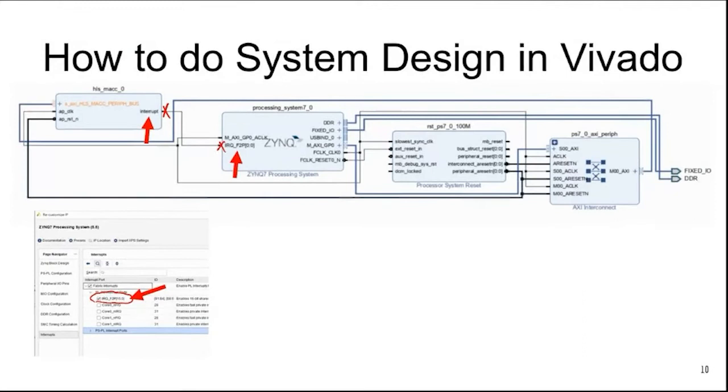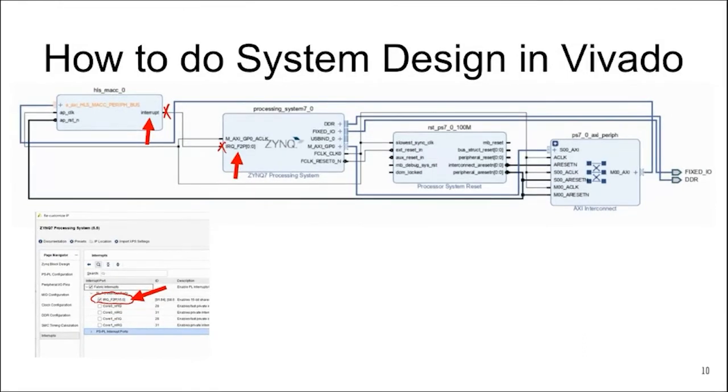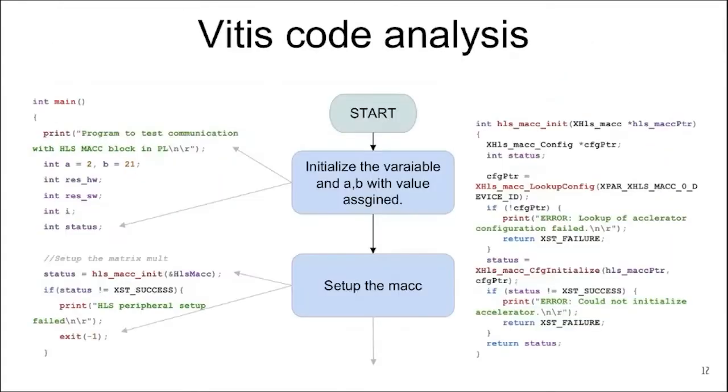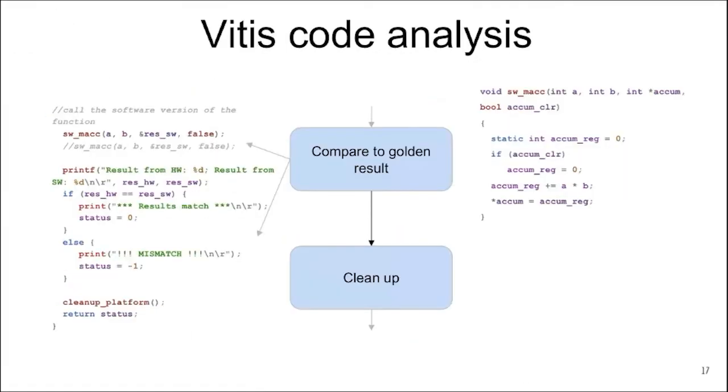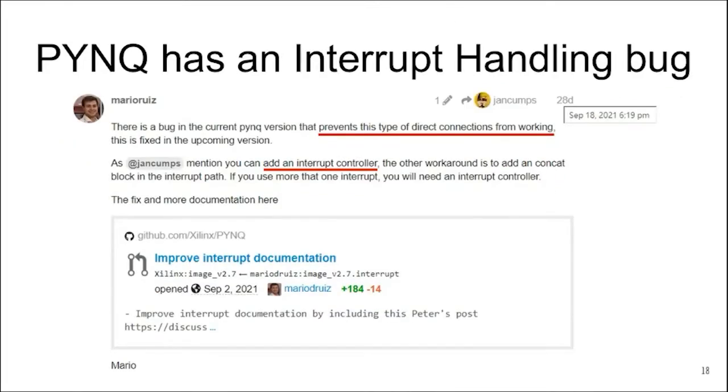And there is one problem my teammate encountered. There is a bug in PinQ which is related to the interrupt handling. So the workaround, I don't know, maybe it depends on the tool version because both of us have different tool versions. So maybe that's why he encountered this bug, but I didn't.